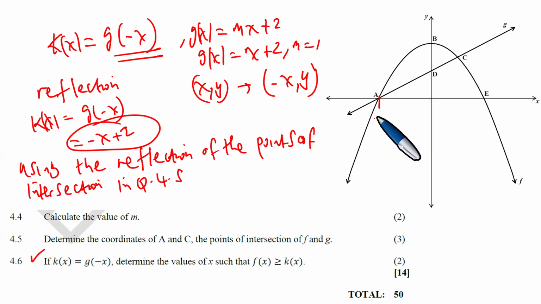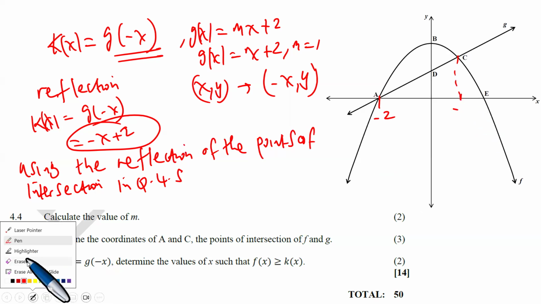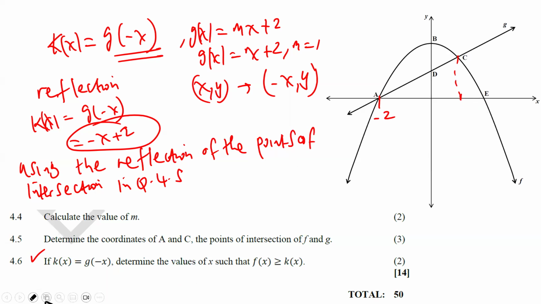You'd remember that this is minus 2 and this is actually 1.